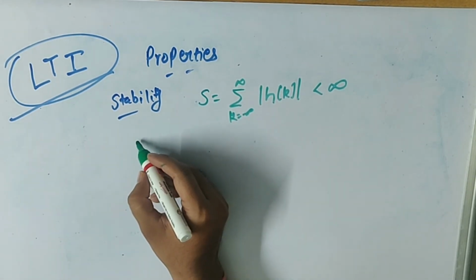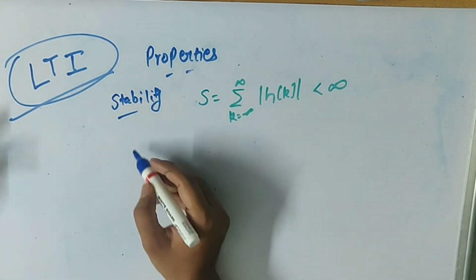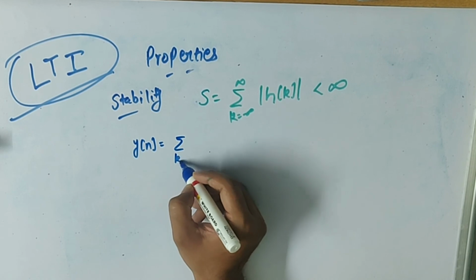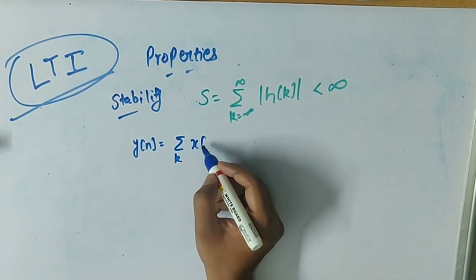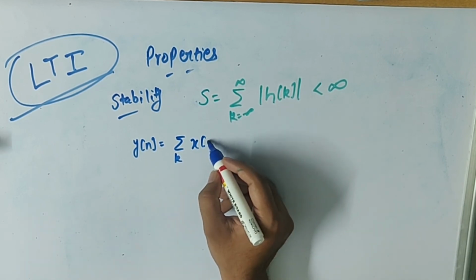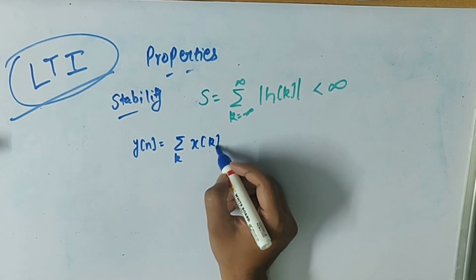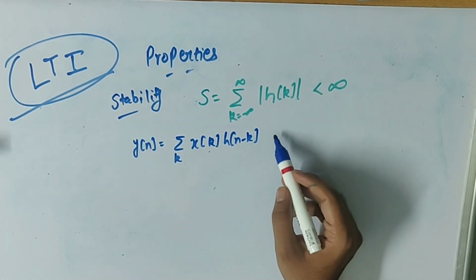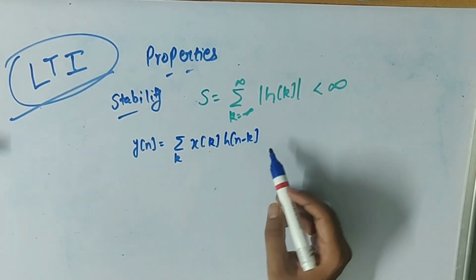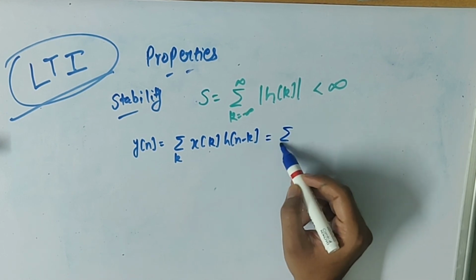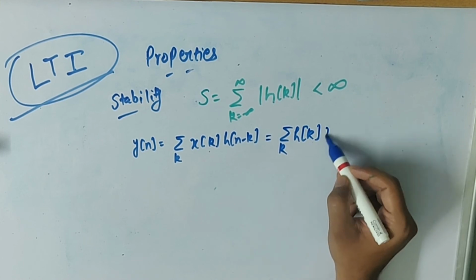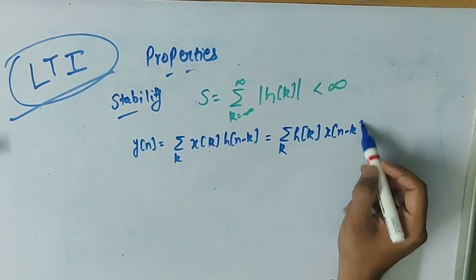We know that y[n] is equal to the summation over k of x[k] h[n minus k]. As we talked about, convolution is commutative, so this can also be written as the summation over k of h[k] x[n minus k].